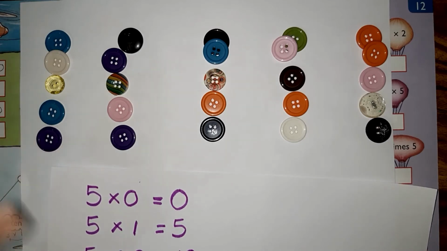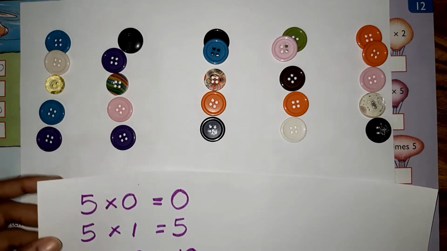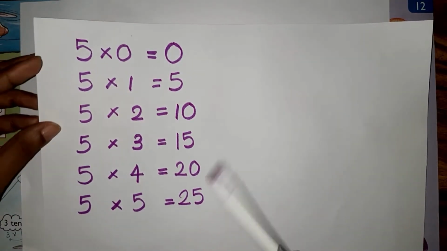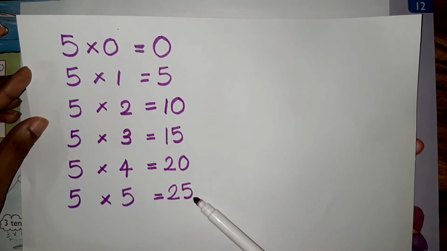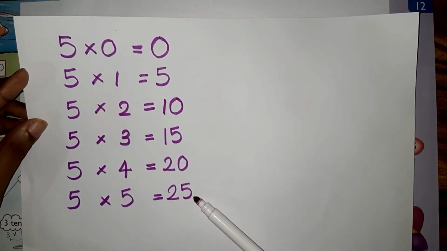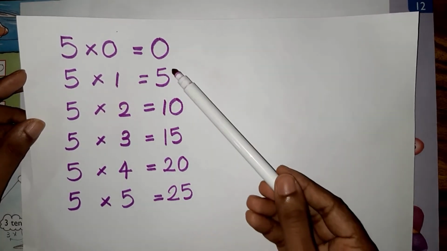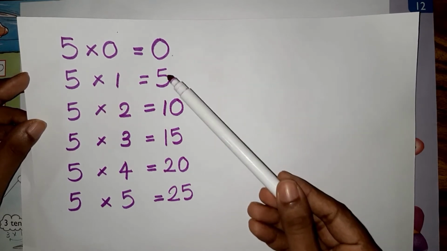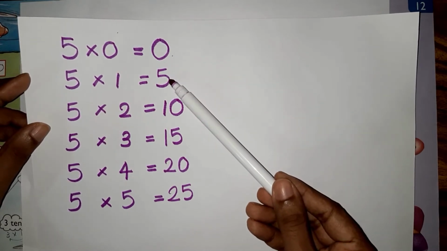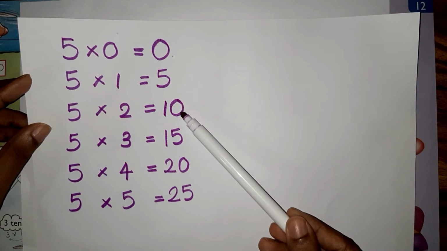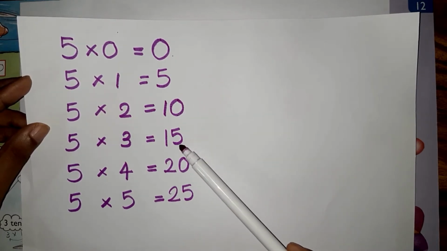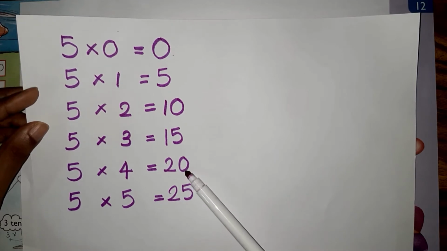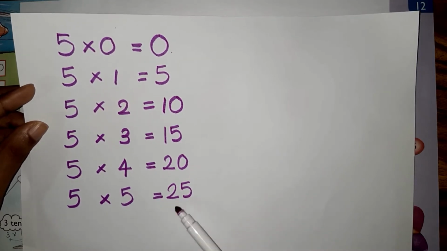So you can see here also we have 5 after 5. You can see 5 after 0 it's 5, and 5 after 5 it's 10, and 5 after 10 it's 15, and 5 after 15 it's 20, and 5 after 20 it's 25.